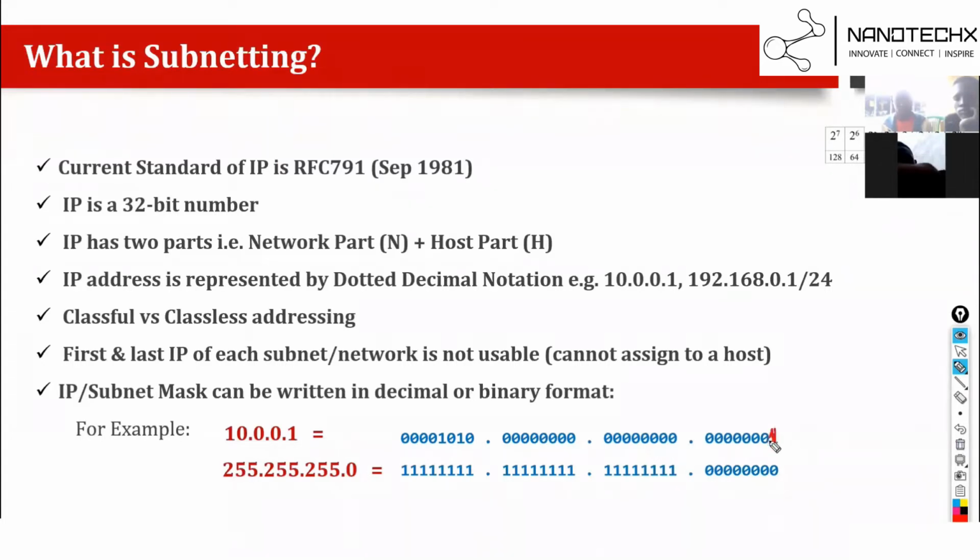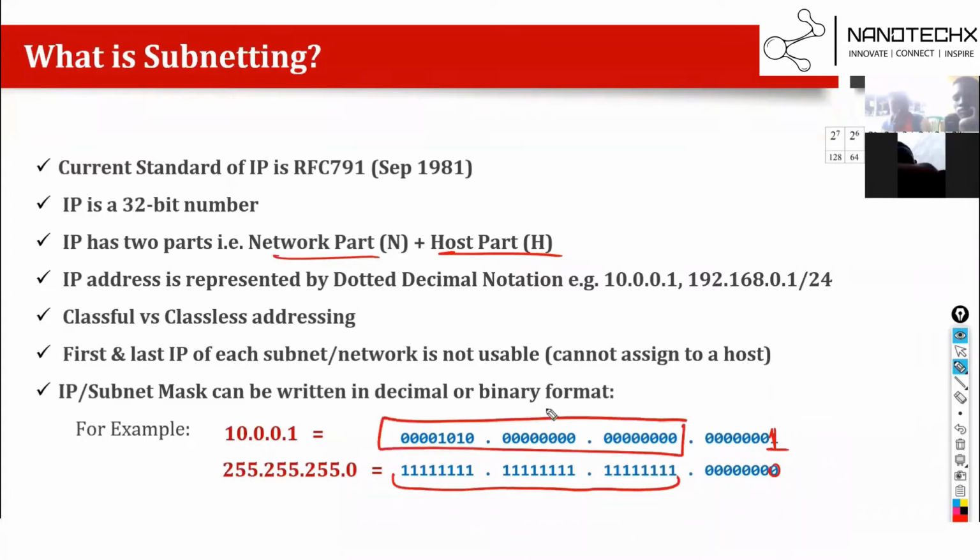So it has two parts, which are the network number and the host part, and the subnet mask tells us. In the subnet mask, where it has 1s, it means this portion is the network portion, and where it has zeros, it means this part can change, and this is called the host portion.